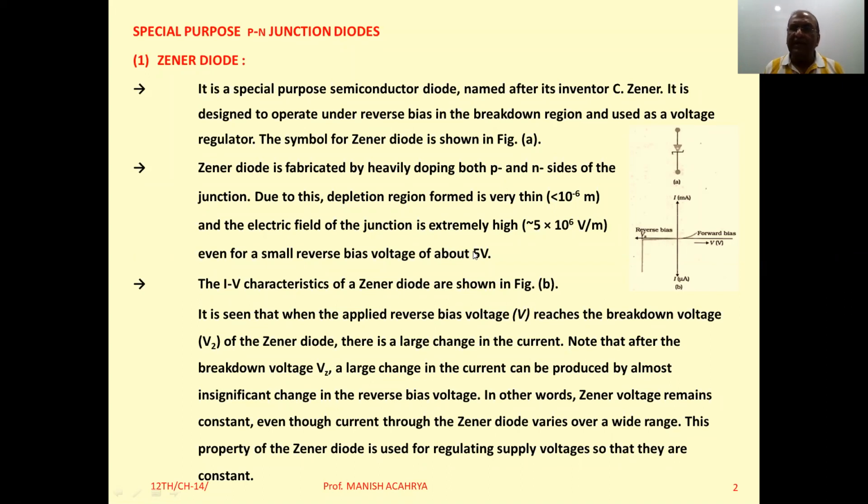And due to that, at a particular reverse bias voltage, the electric field becomes sufficiently strong so that a large number of covalent bonds in the depletion region will be broken up and a rapid increase in the current is obtained. But a very important thing is this: current increases rapidly, but the voltage remains constant across Zener voltage.